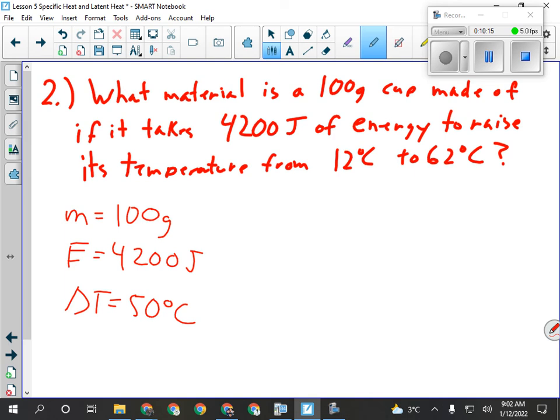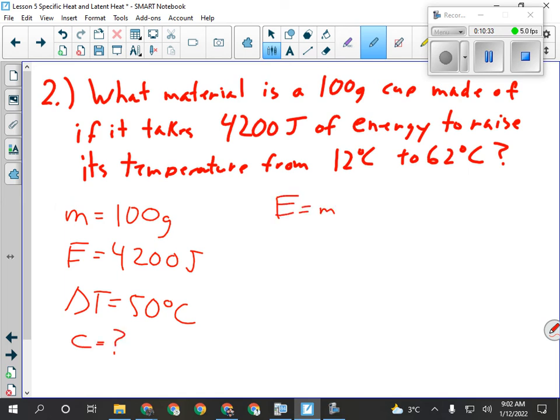What part of the formula do I not have? C. Would solving for C help me figure out its identity? Yeah, because specific heat capacity is a physical property that is unique to each substance. So C is the thing I'm looking for here.